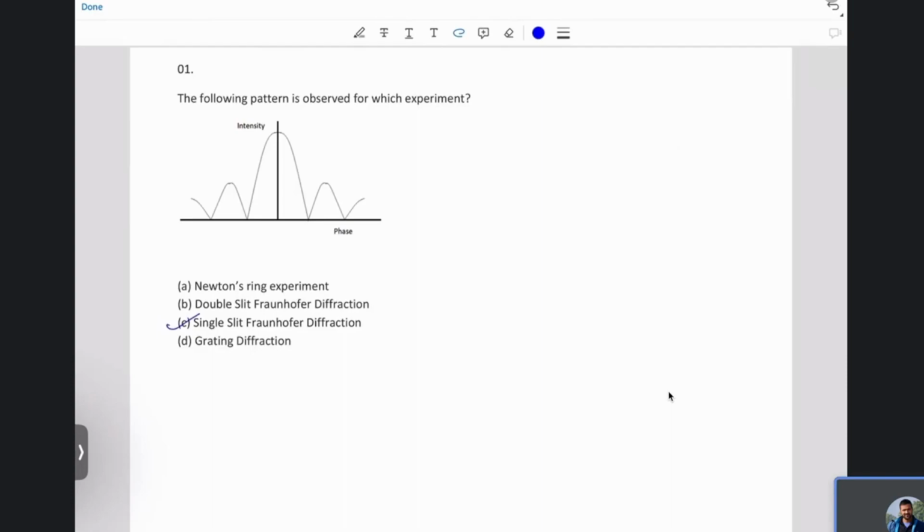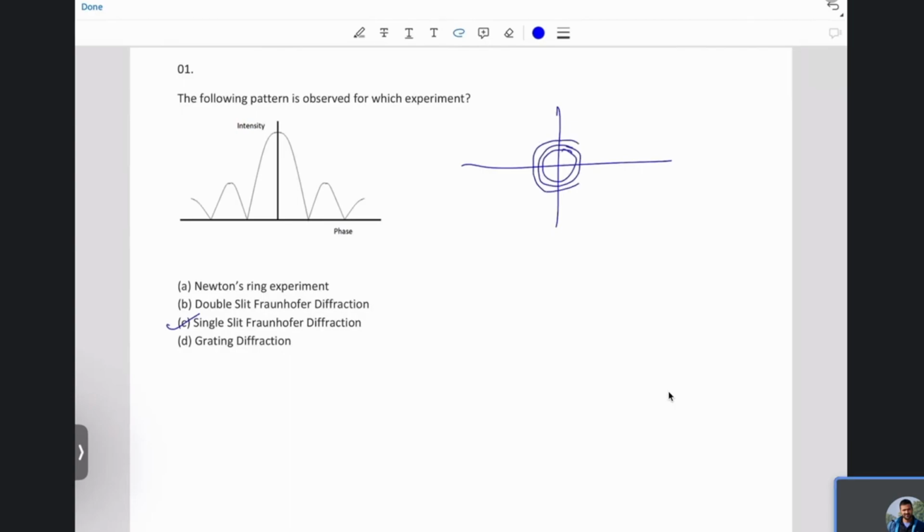Do you know how the Newton's rings pattern looks like? Like this, right?